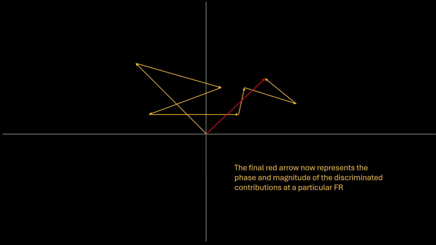This gave a complex vector which we could sum with all the other contributions in the complex plane. The final vector, shown as the red line in this figure, gave us an estimate of the spin angular momentum at the FR in question.